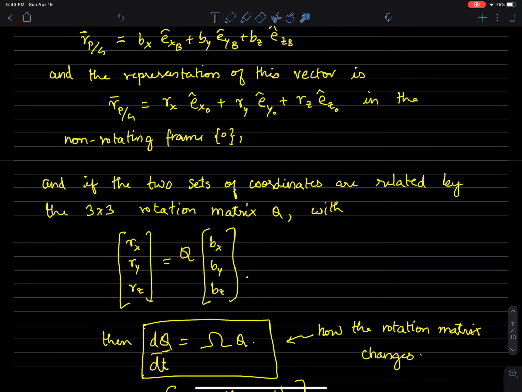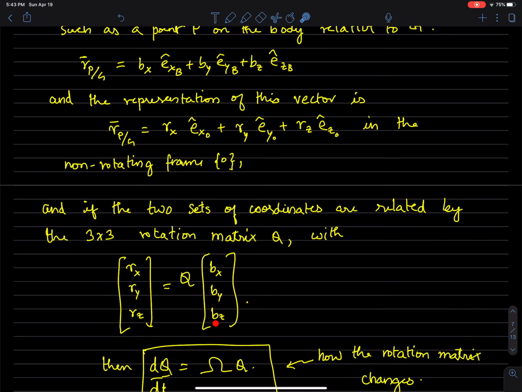Okay, so what is this rotation matrix? It takes you from the body fixed coordinate frame to the non-rotating frame, right? So this is a rotating frame that rotates with the body, and this allows you to go from the rotating frame to the non-rotating frame, right? So that's the rotation matrix.